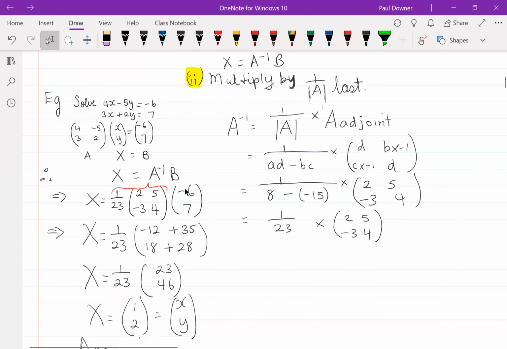So let's say we want to apply this knowledge to this question where you were asked to solve 4x minus 5y equal to -6, 3x plus 2y equal to 7, given that these 2 equations hold. Solve this simultaneous pair of linear equations using a matrix method. Okay, so let's see how we would go about doing that.